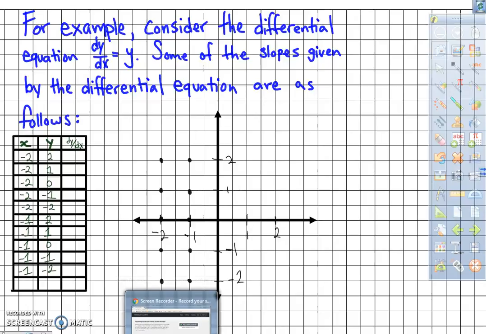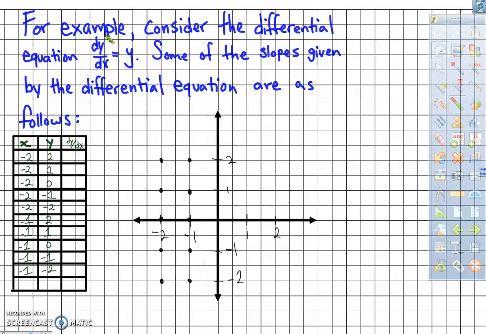Some of the slopes given by the differential equation are as follows. I haven't given you the slopes yet, but go ahead and copy this table down, copy a graph next to it. Notice that I put points for each of the coordinates that I've labeled here. So go ahead and do that, and I'll show you how to proceed with this problem.